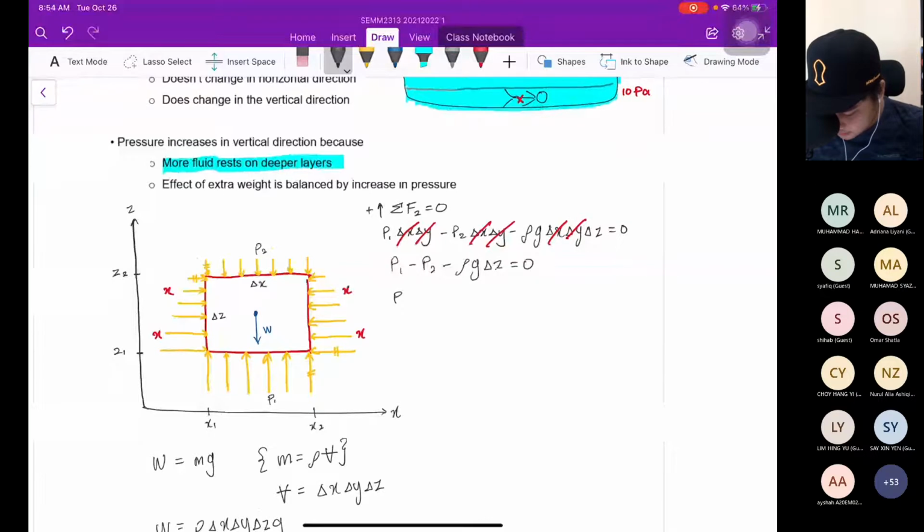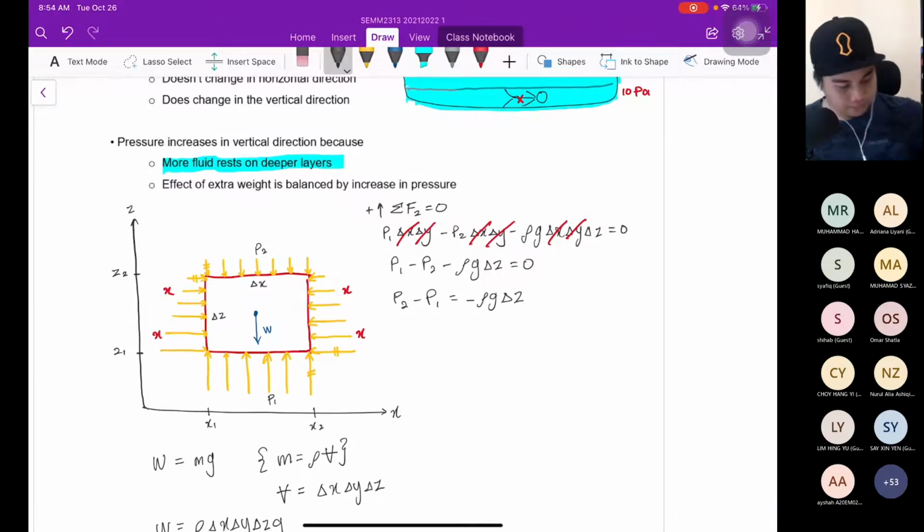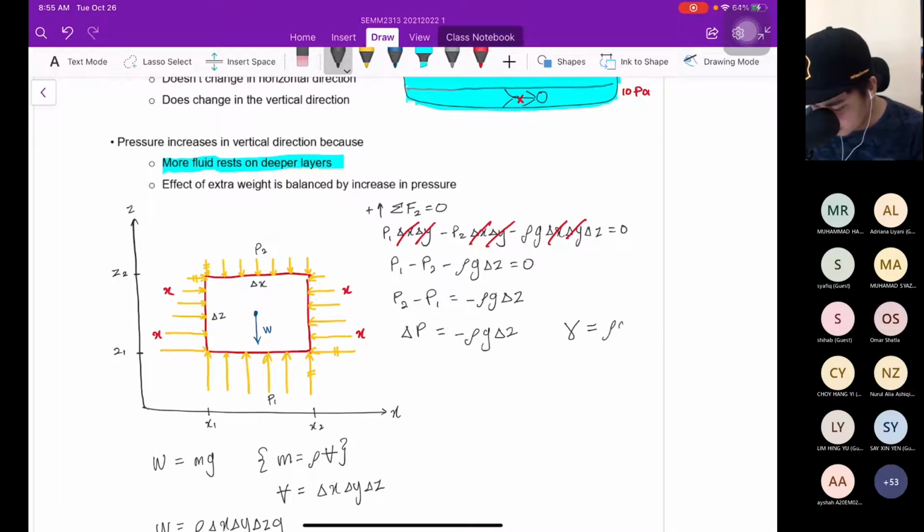P2 minus P1 equals negative rho G delta Z. So P2 minus P1, we can simply put the change in pressure is equal to negative rho G delta Z. We know that gamma here is rho multiplied with gravity, right? So delta P is equal to negative gamma delta Z.